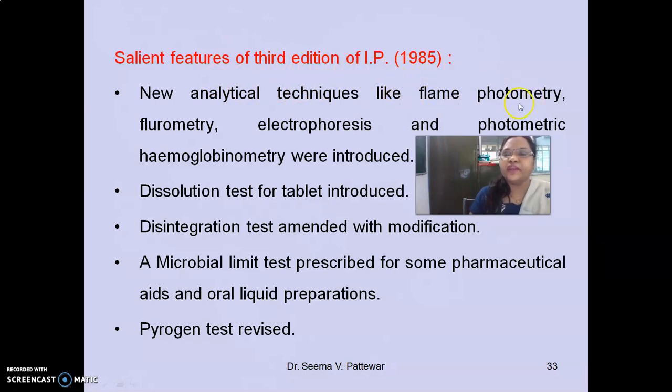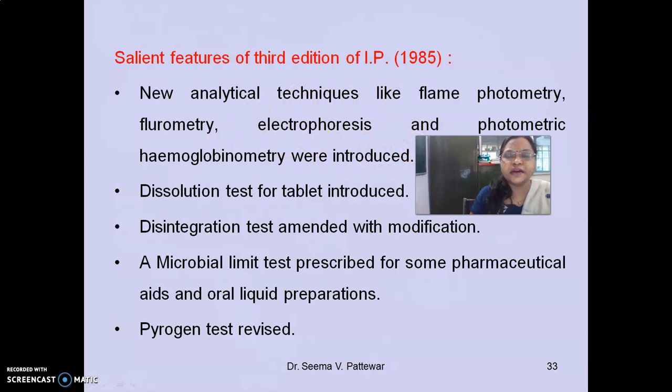Flame photometry is one of the techniques used to analyze powders such as ORS powder. Then fluorimetry: how much fluorescence a substance gives can be analyzed by fluorimetry.